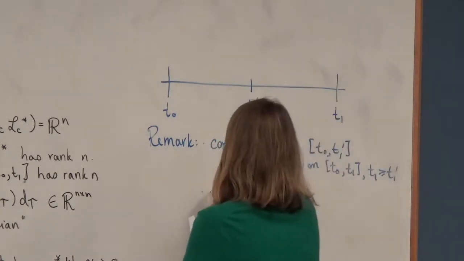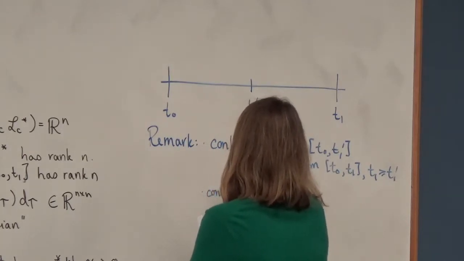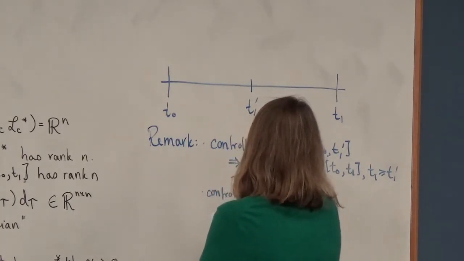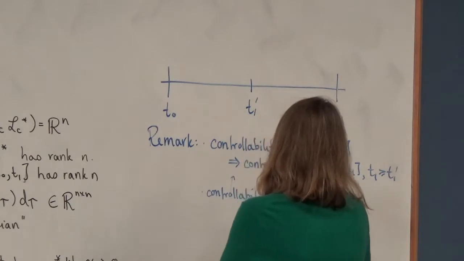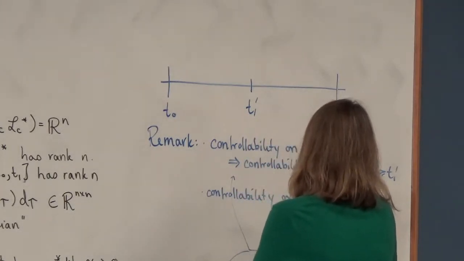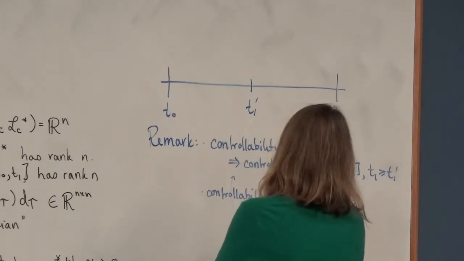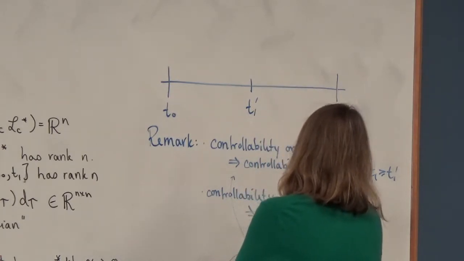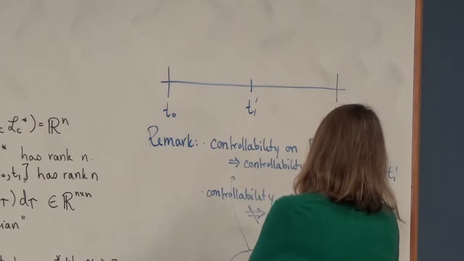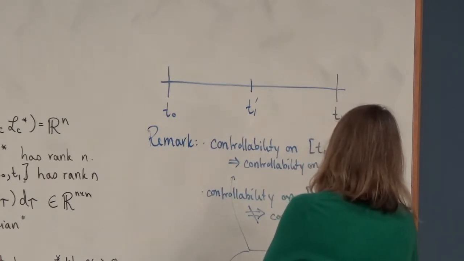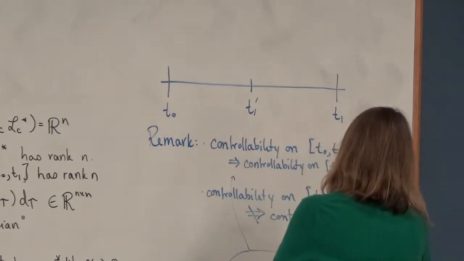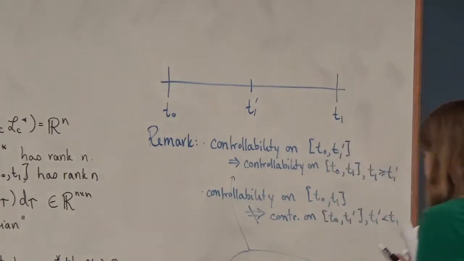However, controllability on t0 to t1 does not necessarily imply controllability on t0 to t1 prime, where t1 prime is less than t1. Okay, so that's how it's structured.